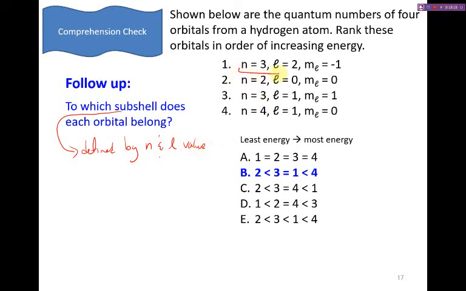So we need to look at both pieces of information. If n equals 3 and L equals 2, that is a 3d subshell. n equals 2, L equals 0 is a 2s. If n equals 3 and L equals 1, that is a 3p. And if n equals 4 and L equals 1, that is a 4p type subshell.